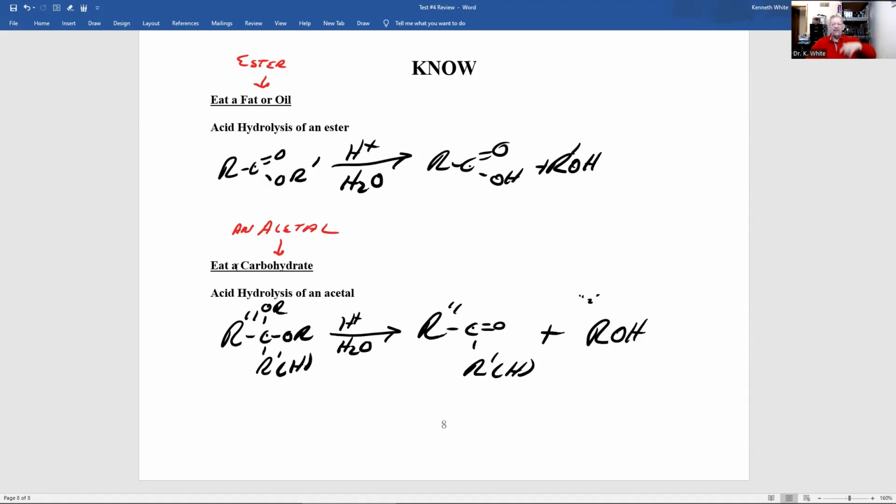In your stomach, you have acid and water, and therefore it's acid hydrolysis of an acetal. And here's the general reaction: acetal or ketal, acid and water, you get back the ketone or aldehyde, and the alcohol you would have used to make that acetal or ketal.